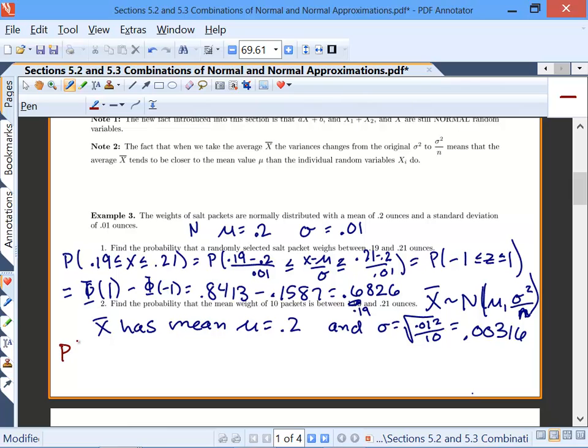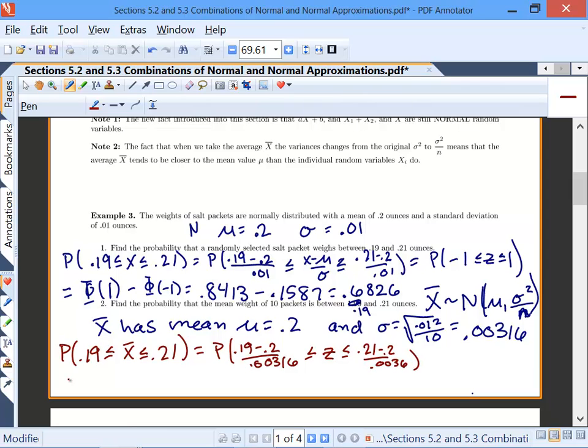Okay. So I'm looking for the probability that x bar is between 0.19 and 0.21. Okay. So we do the same process, but now we have a new mean and a new standard deviation. So 0.19 minus 0.2 over 0.00316. So this is the probability that z is between negative 3.16 and 3.16. Right?